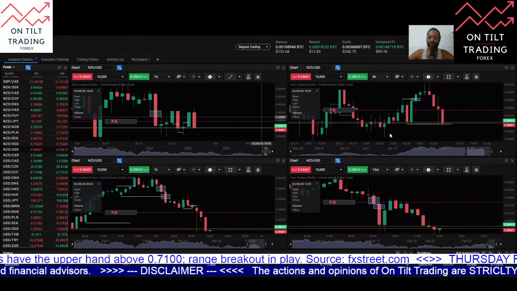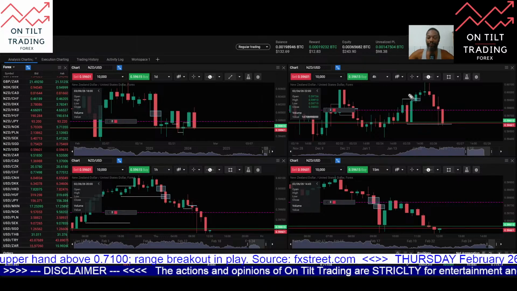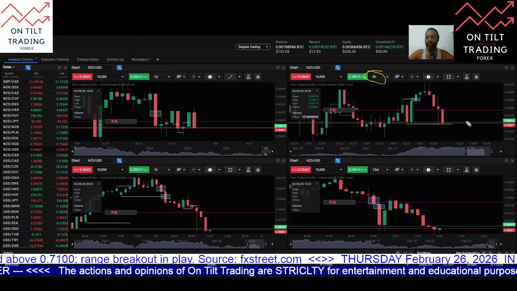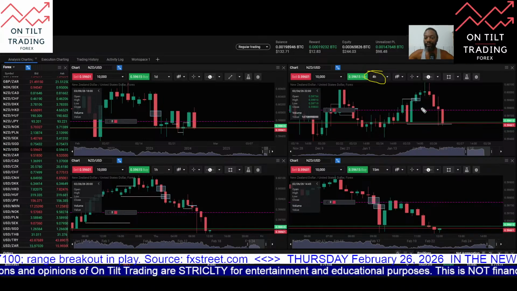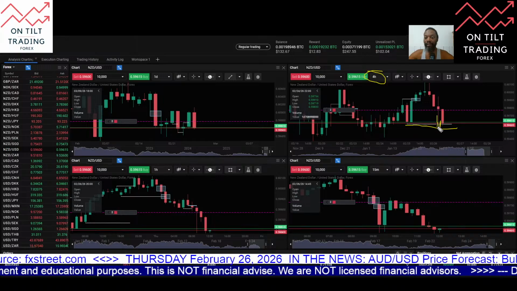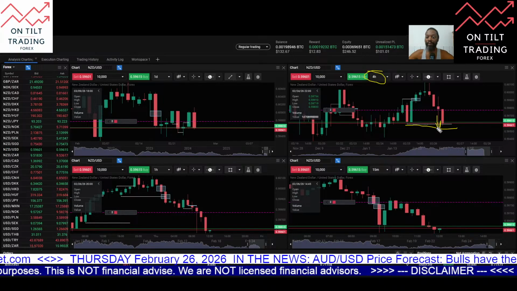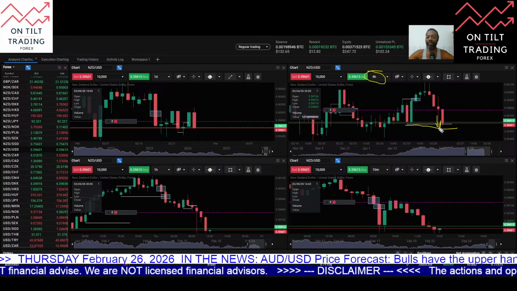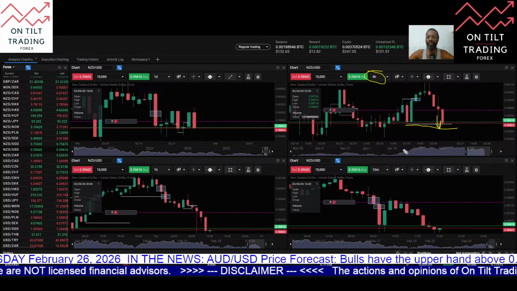Here on the 4-hour chart, we get this price action where price has delivered to the sell side and formed a bearish pattern, sweeping out this swing low here.